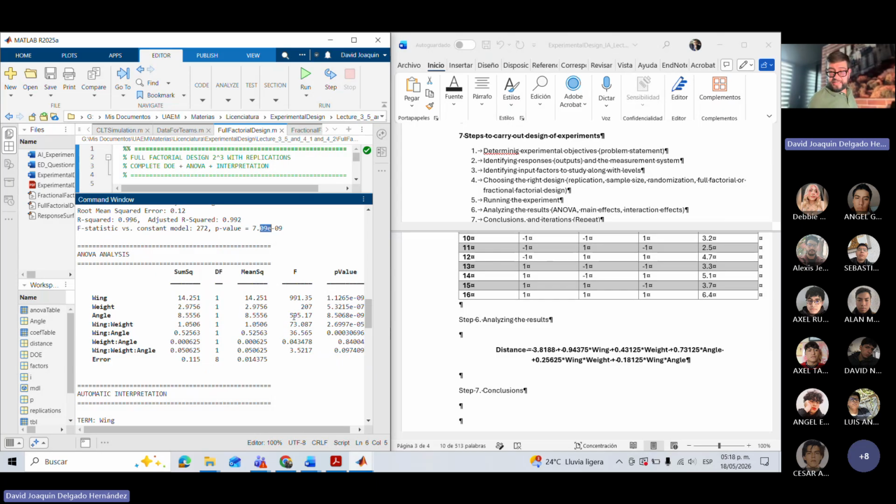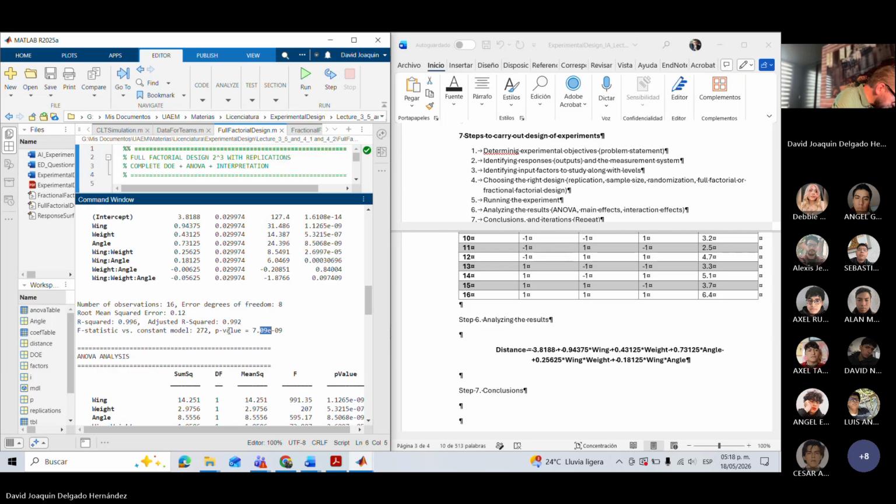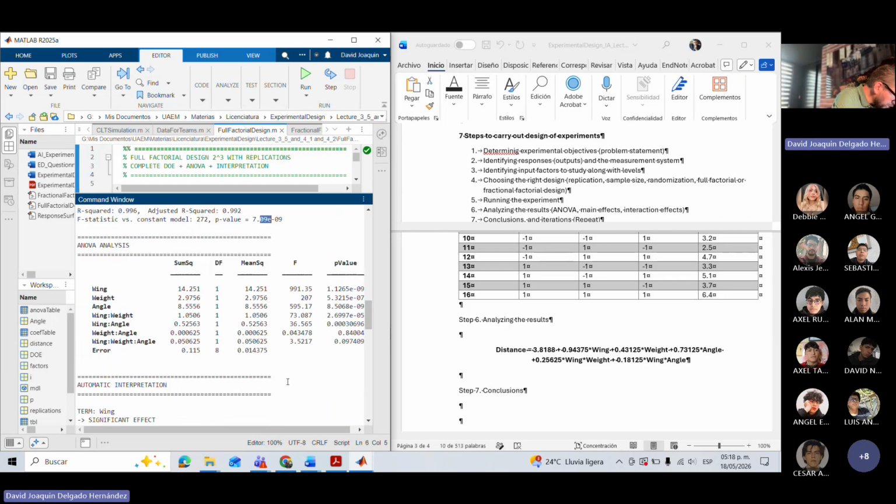In other words, if I modify some of these variables or factors, the airplane is going to either fly longer or fly a shorter distance, because they matter, they are very important. This is the result that I can see in this table.